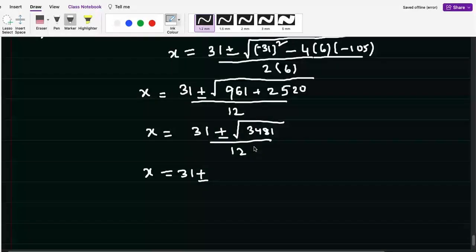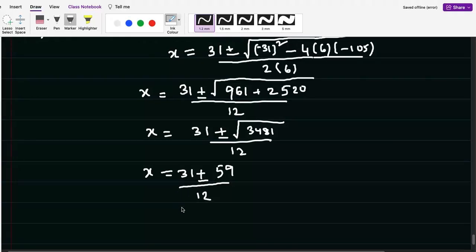Either you remember numbers or you should know the division method or any other factorization method to find the square root of numbers. That is very important. If you don't know, we can make a separate video on finding square roots also. Meanwhile, just write it as 59. If you multiply 59 by 59, you should get 3481, whole divided by 12.